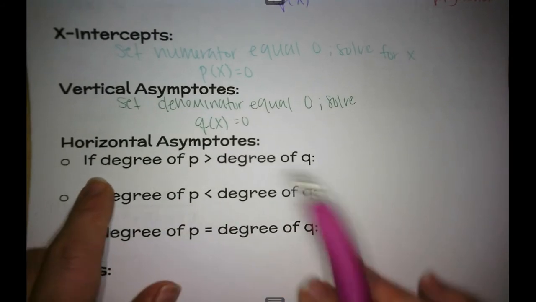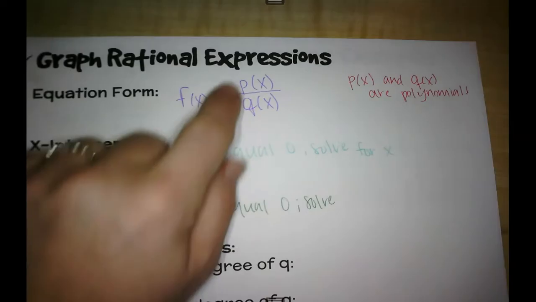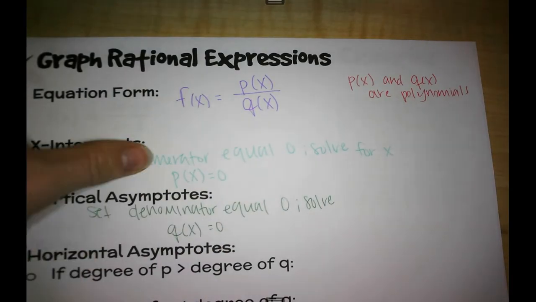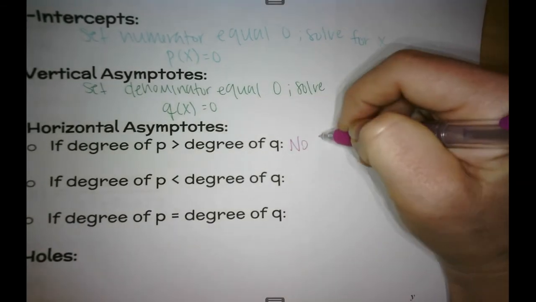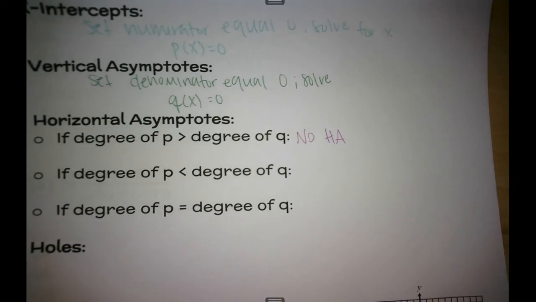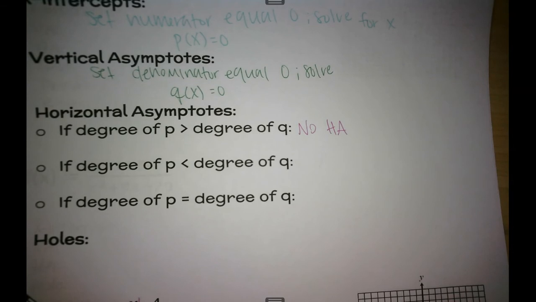So if the degree of p, so the top one, is bigger or greater than the degree of q, then we don't have a horizontal asymptote at all. We'll just say none and move on.